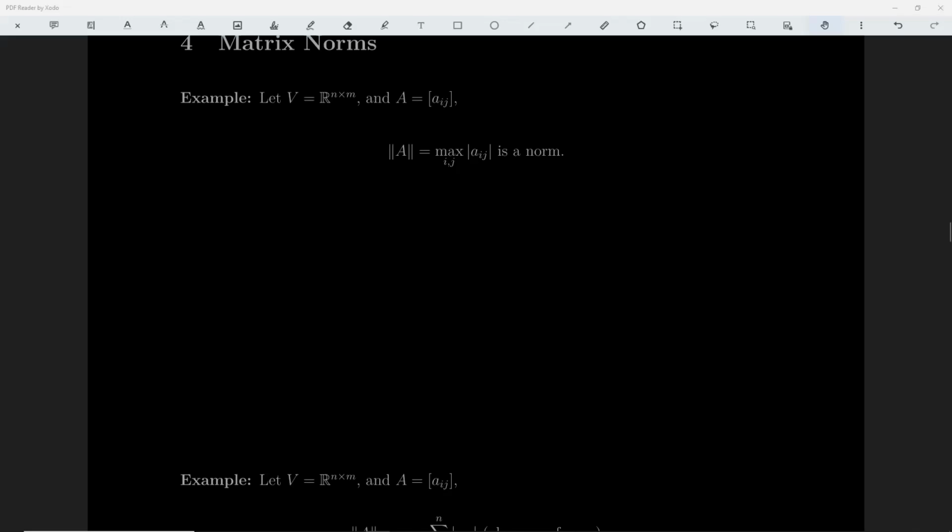And it says that the norm of the n by n matrix A is defined as the maximum value of the absolute value of its entries. So let's try to see if that satisfies the axioms of norm. Okay, so let's write down the axioms of norms. Maybe I can change color to blue once again. There.